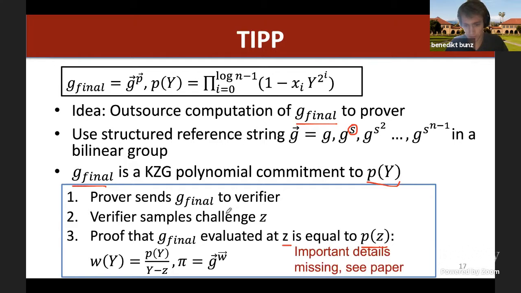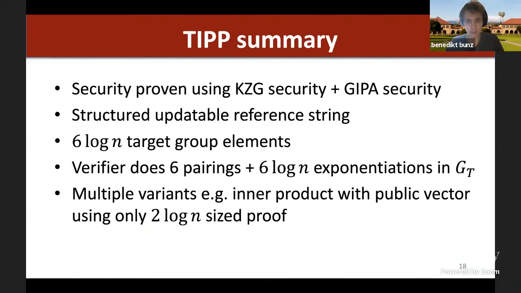So there are some important details, of course, missing here, and you can see the paper to find them. So the summary is that TIPP is secure. Security is based on the security of GIPA instantiated with the correct inner product commitment and the security of KZG. And it uses this structured updatable reference string.